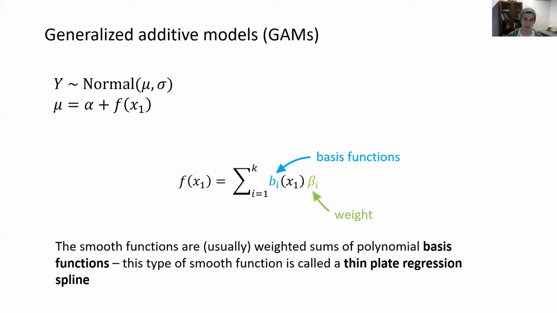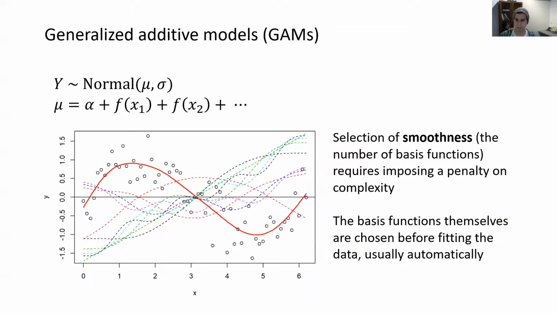And each basis function is just a polynomial of our predictor, so like x squared, x to the third, x to the fourth, so on and so forth. And so these smooth functions are themselves linear combinations of terms, and what we call generalized additive models are really just generalized linear models. This particular type of smooth function is called a thin plate regression spline, but there are other possible types that don't all work this way.